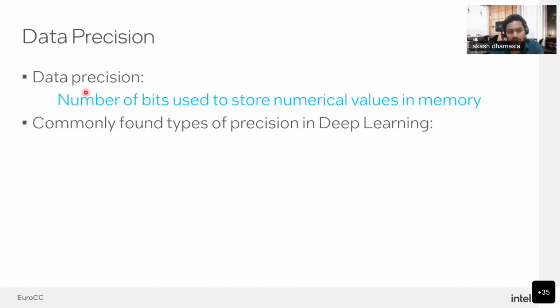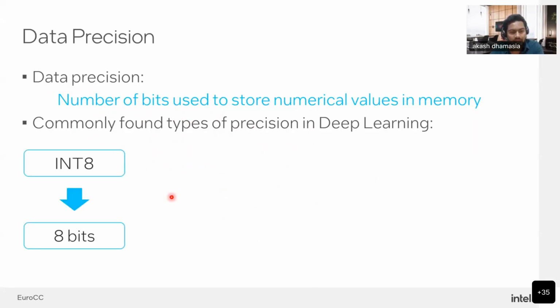There are multiple data types which your framework can use. Normally the PyTorch framework uses float32, and similarly TensorFlow has its own data type, TF32.